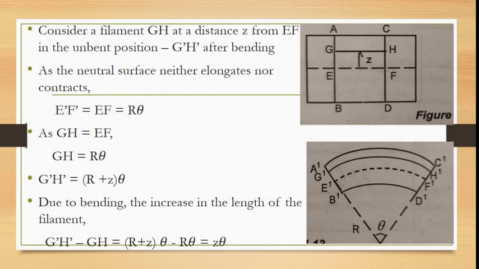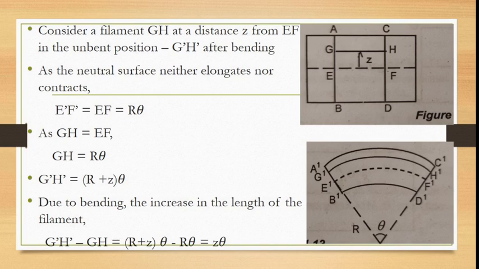So GH has elongated to G dash H dash after bending. We can find the increase in the length of the filament by simply subtracting, isn't it? G dash H dash minus GH gives the increase in length.